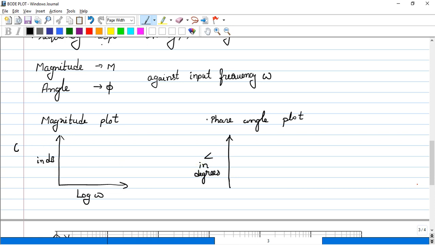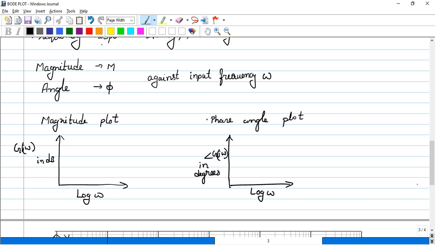So it will be G of j omega, if you consider it as a unit system. Similarly the x-axis will be log omega. So we need to plot both the magnitude as well as the phase angle plot for the input frequency omega. Why are we using a logarithmic scale? Because if I vary the omega value from 0 to infinity, it is very difficult to accommodate that huge value in a linear graph.